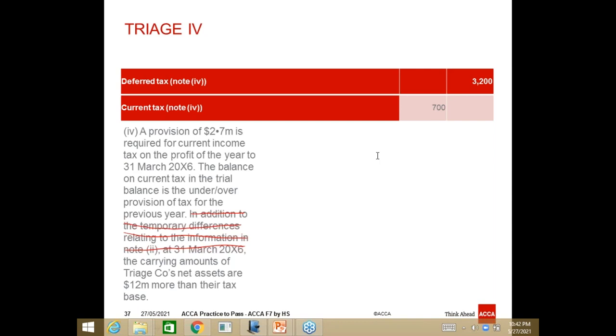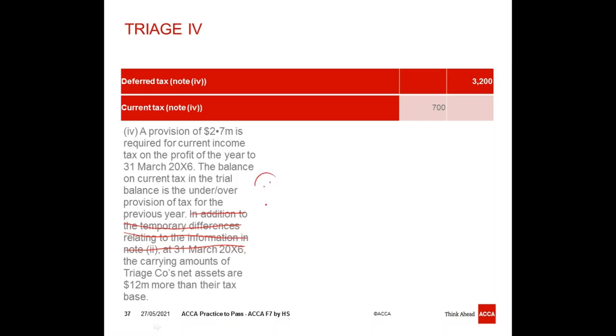Tax rate is 20%. Now, tax expense will be 2,700 for the year, plus there is an under provided tax of 700.